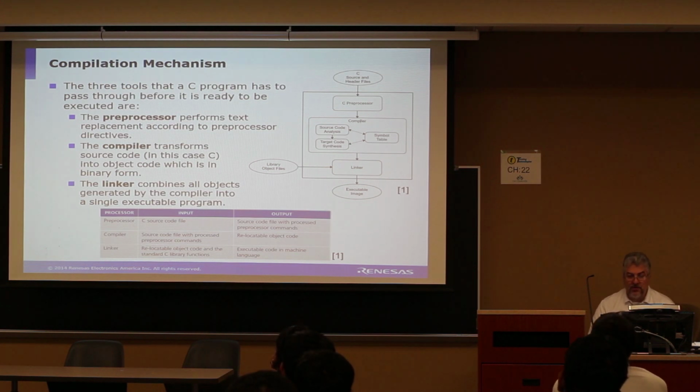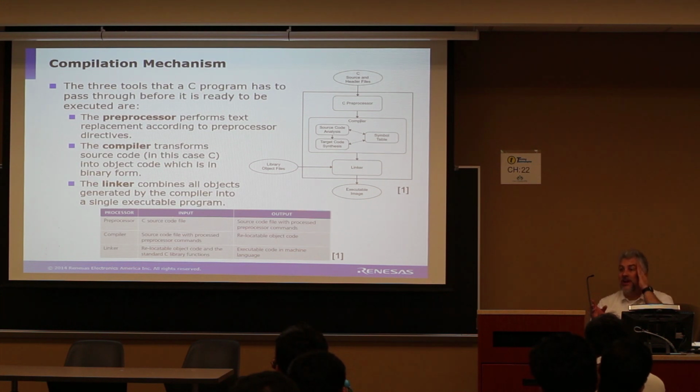And the output will be the executable code in machine language that in most cases will have a format that can be downloaded to your target. Downloaded to your target means that it has some additional information that says, all right, now start loading this at this memory location. And thereafter, byte by byte, that information will be available.